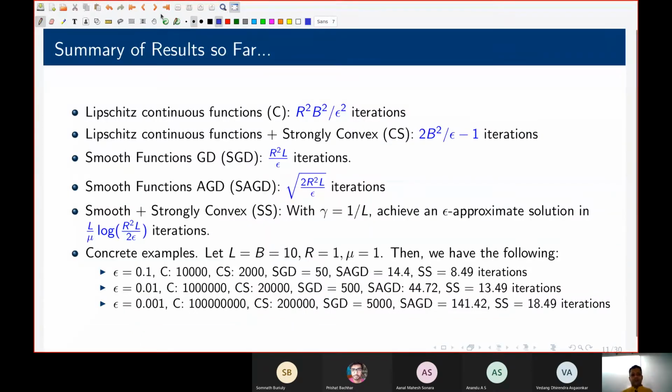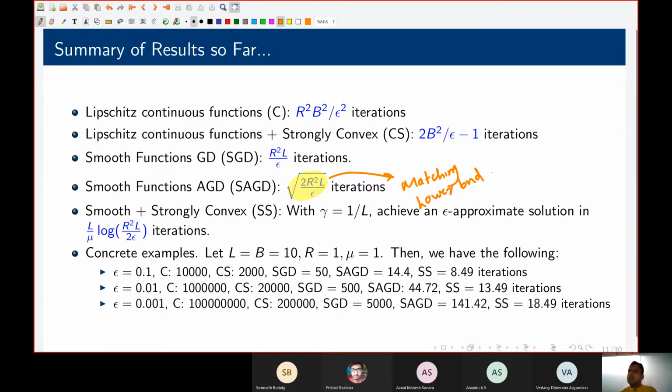So, a summary of results so far as analysis is concerned. So far, through acceleration, we get one upon square root of epsilon, and as I said, matching the lower bound, the omega.